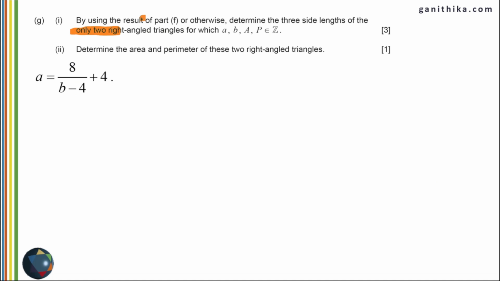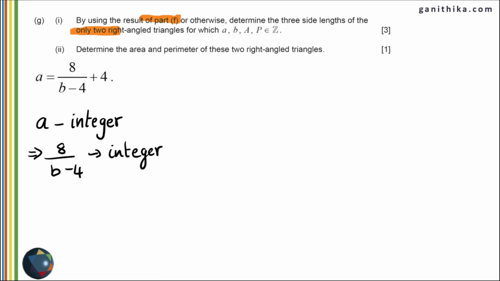In this case, you can see that you have to use part F. Using this part F expression, a should be an integer and b is also going to be an integer. Since a is an integer, the part a over b minus 4 should also be an integer, so that adding it with 4 will give you an integer value for a.